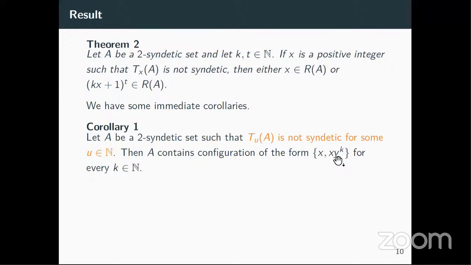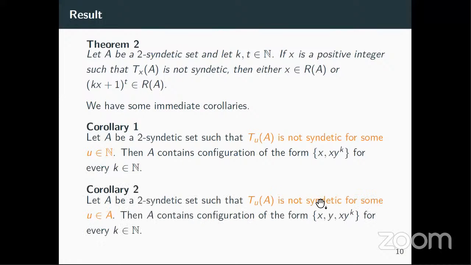And the second corollary is, under the same assumption, but Tu of A is not synthetic for some u, and u is coming from A. Here, in the first case u is coming from the set of natural numbers, and here particularly u is coming from the set A. So in this case, we can say something more, that A will contain this type of configuration.